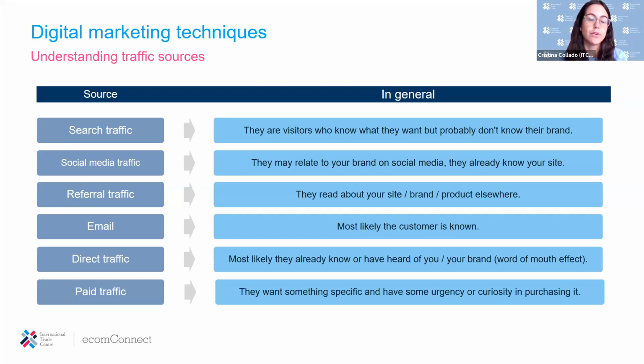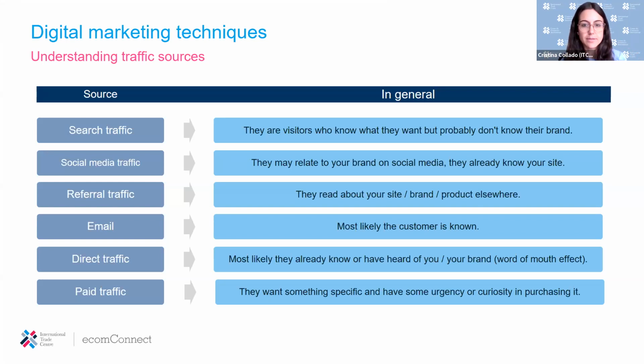This could come from, for instance, because they knew you before, or word of mouth, or also because you invested in other offline marketing techniques. For example, a street advertisement where there is the URL displayed to your website, and they see it and then they look for you directly on the browser.